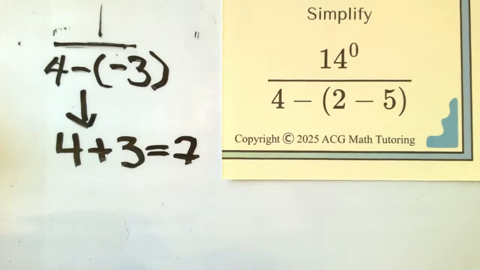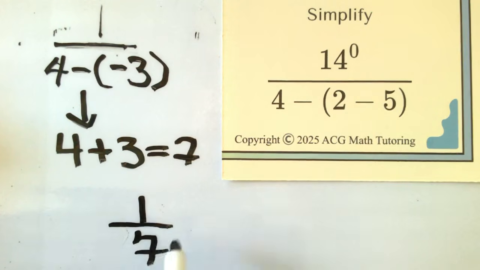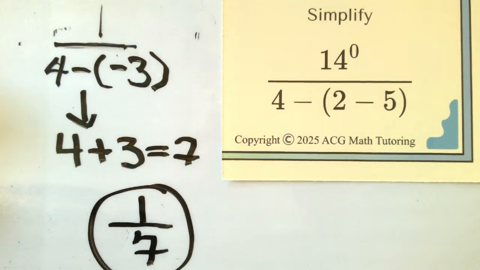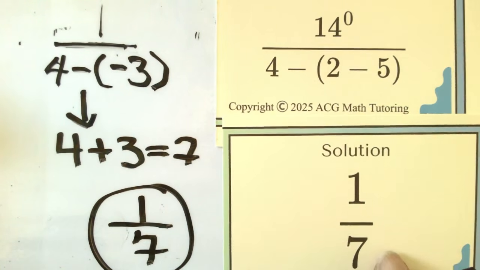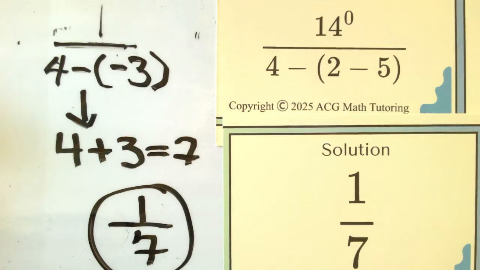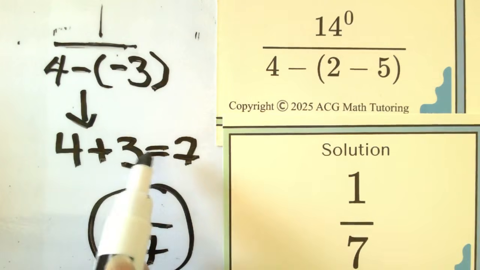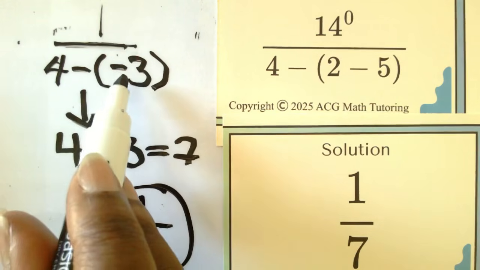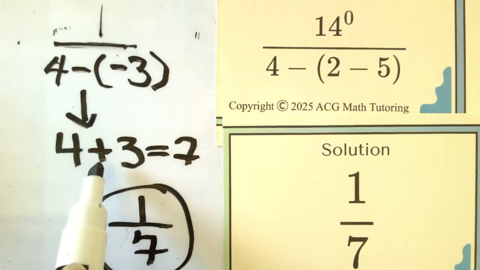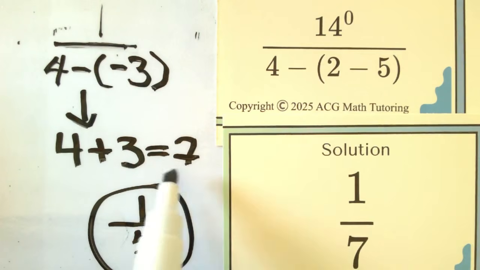So our official answer is going to be the 1 in the numerator and the 7 in the denominator. So our answer is simply 1/7. Not 1/12, because we're not multiplying the 4 and the 3, we're actually adding. So when you have a negative times a negative, it turns positive. And then you're adding the 4 and the 3 to get the 7.